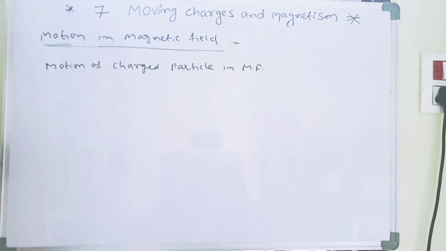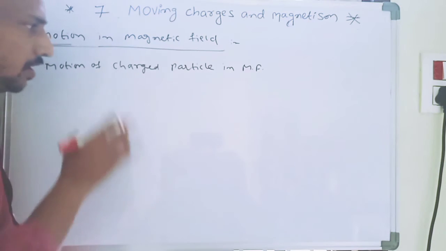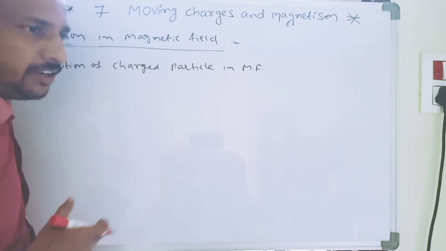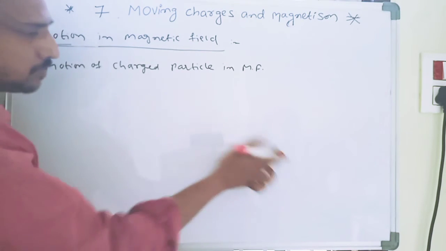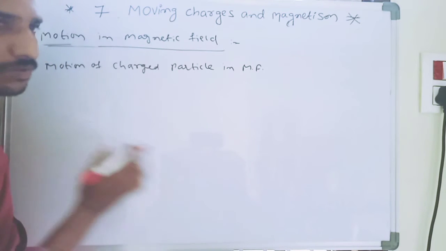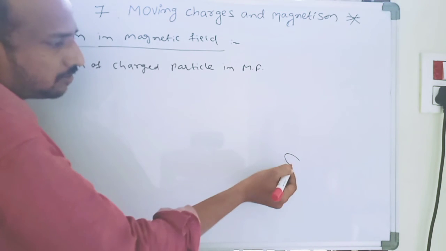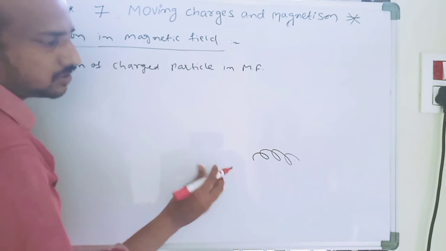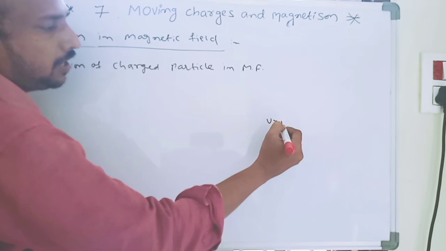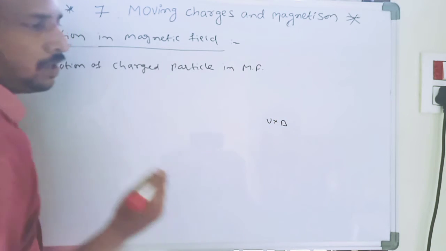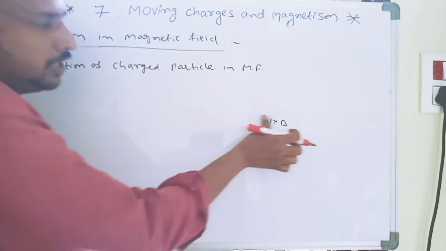Okay, we can discuss what the motion of a charged particle in magnetic field is. Already we know the motion of the charged particle is in a helical path. Just consider the motion of the charged particle in helical path. So therefore V and B, velocity and magnetic field, are in perpendicular directions.